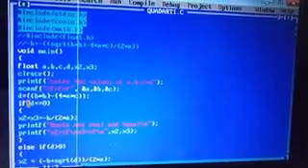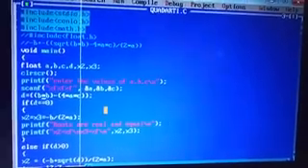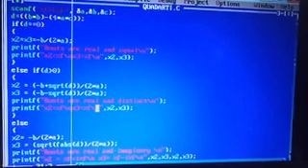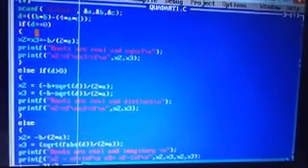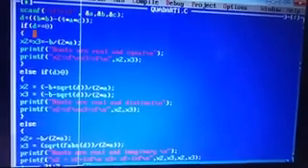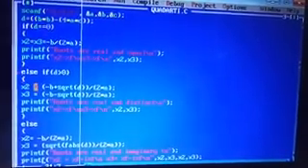Then I am checking these conditions through if. The syntax of if is: if my condition becomes true, it will execute this portion. If my condition becomes wrong, it will go and execute the next part.